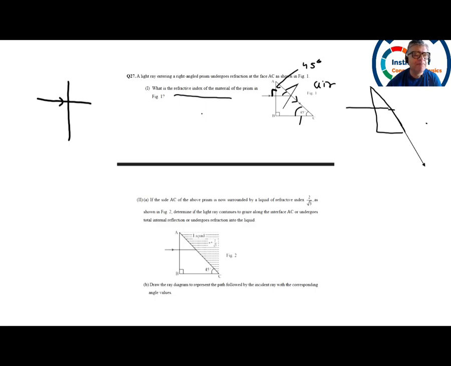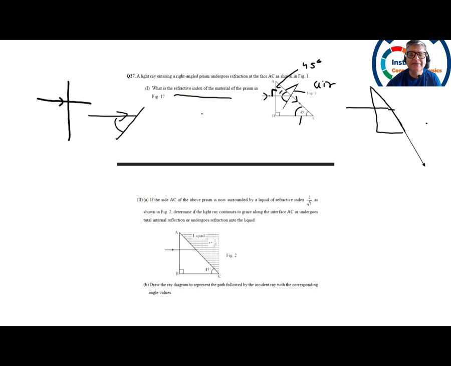Therefore, my angle of incidence, which I need to measure, is this angle. This is the angle I need to worry about because this is my normal and this is my incident ray. The angle between the incident ray and the normal is the most important angle. Now I know this is 45 degrees.